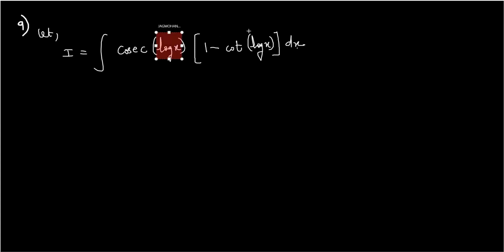And whenever I see bad angles, I put that bad angle as t. So I write here, put log x equals t. So if log x is t, I differentiate with respect to x, and d by dx of log x is 1 upon x.